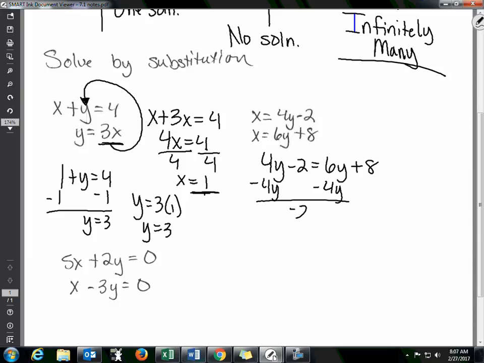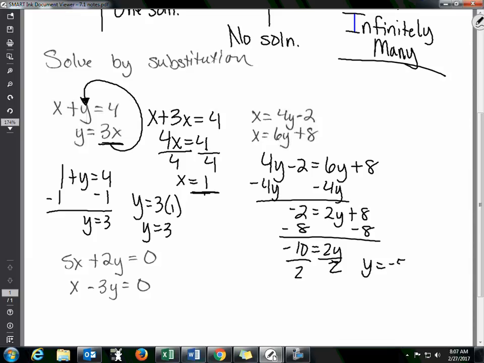Right, so I get negative 2 equals 2y plus 8. Subtract 8. I get negative 10 equals 2y. Divide by 2, so I get y equals negative 5. Okay, so just like the last example, I can take this negative 5, this value for y, and plug it into either equation and get x.